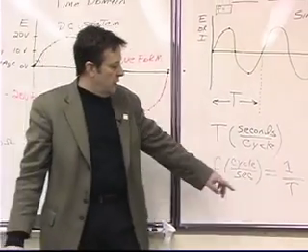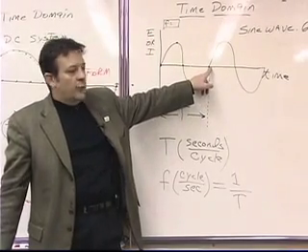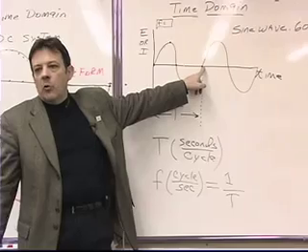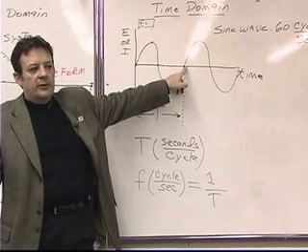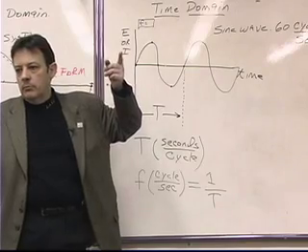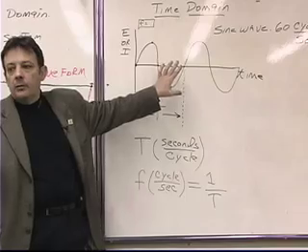In other words, if you know how many milliseconds it took the waveform to complete one full cycle, and you take those milliseconds and invert them, then you know the frequency that you're looking at.